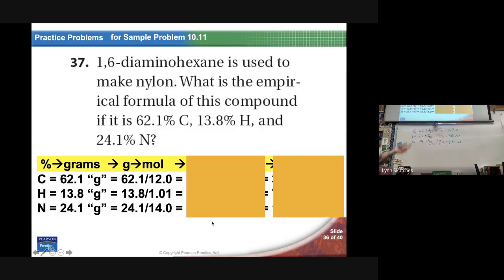Okay, so again, you can't use these for subscripts. That gets them in proportion to each other. Okay, rough proportions, but it's not a whole number. You have to have whole atoms. So how can we make it whole? We can divide by the smallest one.